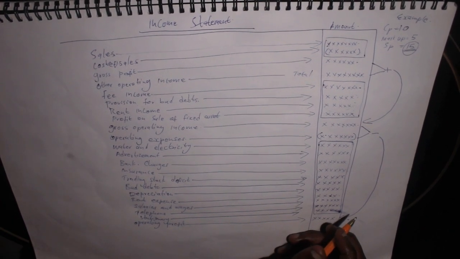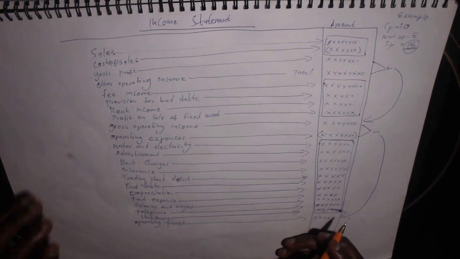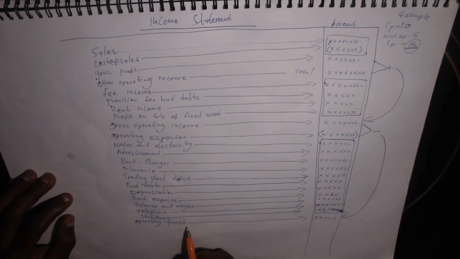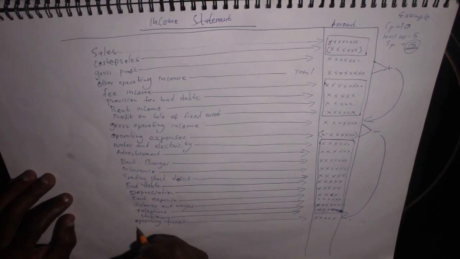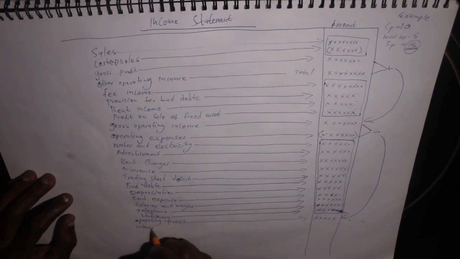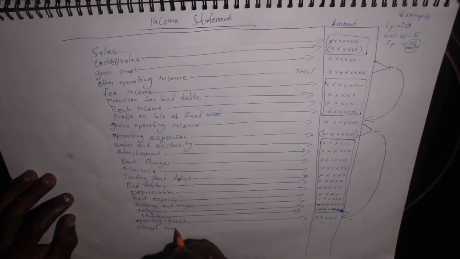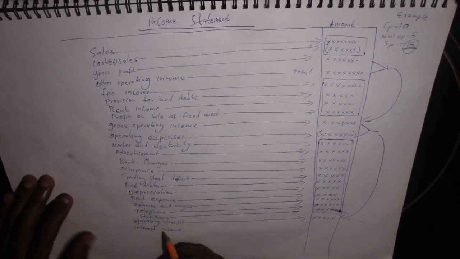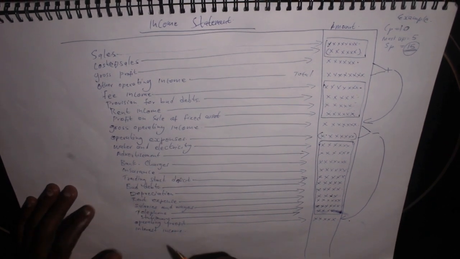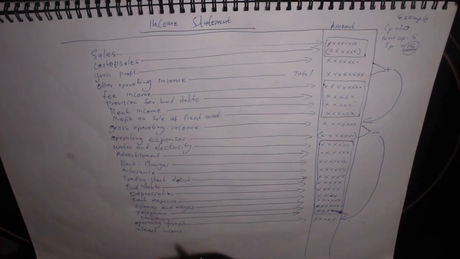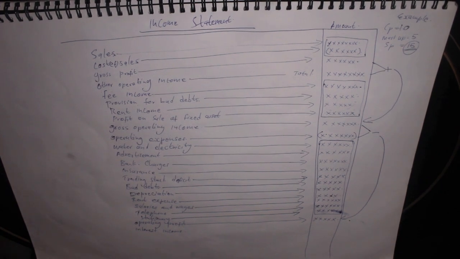Now the next step will be interest income. After operating profit, we're going to focus on what we call interest income. Interest income, basically, is the interest you receive from all the fixed deposits that you have made, or the investments that you have made.